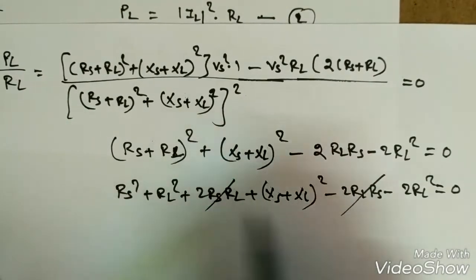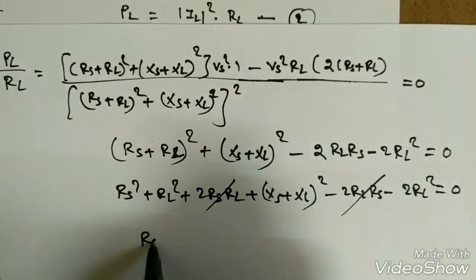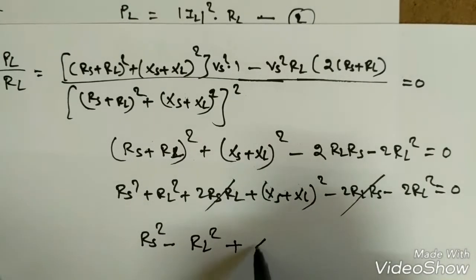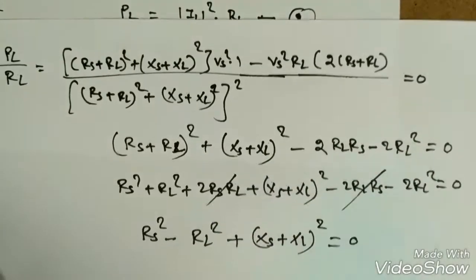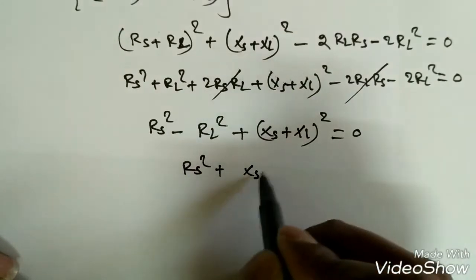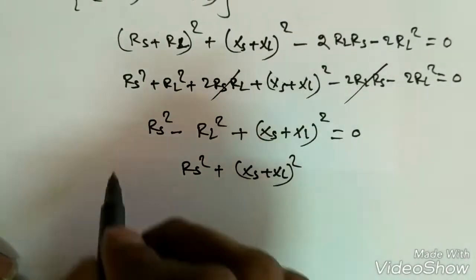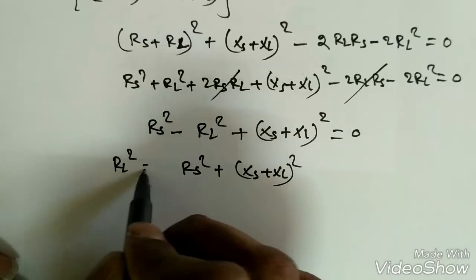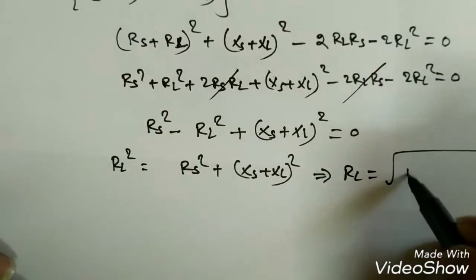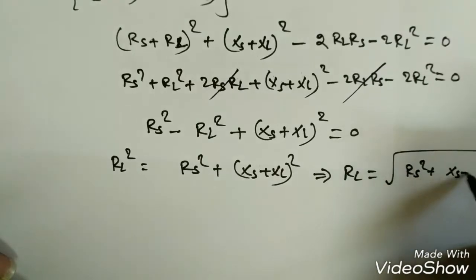Now it will become Rs square minus RL square plus Xs plus XL whole square equal to 0. So minus RL square, that side is going, so Rs square plus Xs plus XL whole square is equal to RL square. Now what should be RL? RL is equal to the square root of Rs square plus Xs plus XL whole square.